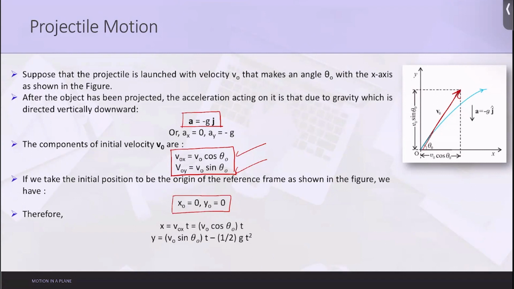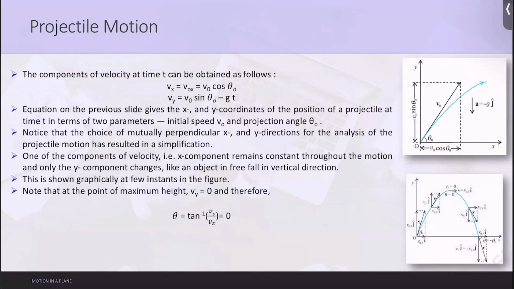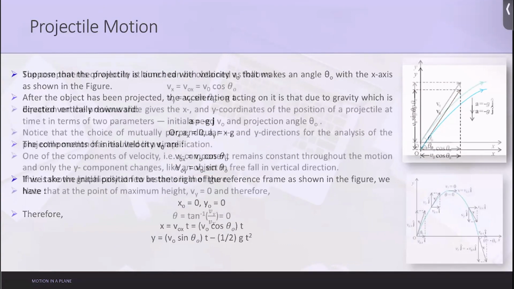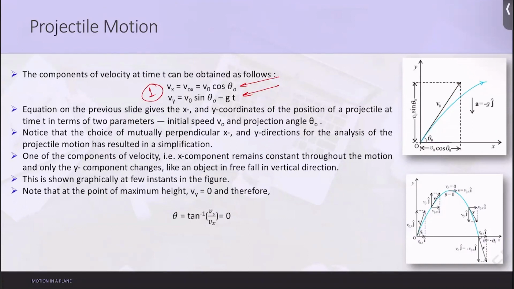Now, simple mathematical calculations using the kinematics equations give us this result. Similarly, we got this using the first kinematics equation. This was obtained using the second kinematics equation, and this was obtained using the first kinematics equation.